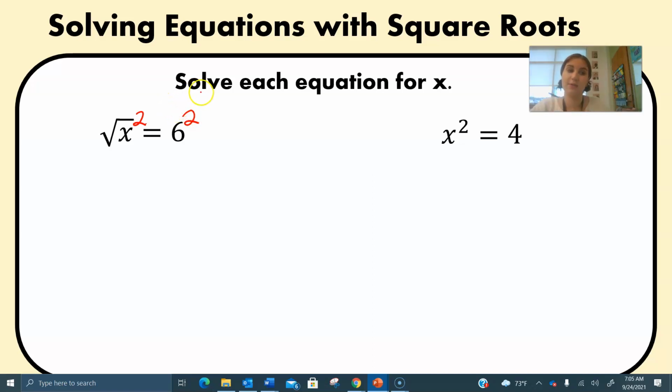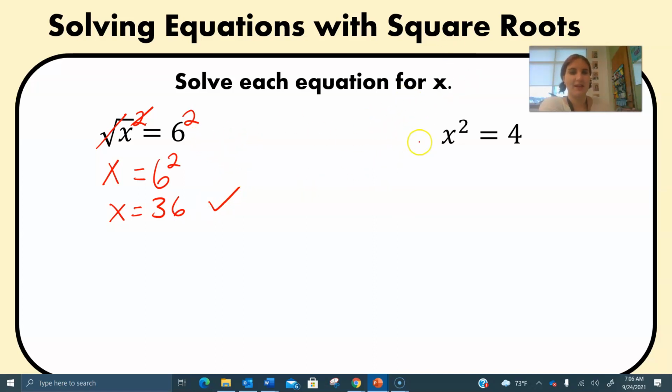Whatever you do to one side, you must do to the other. So the square root of x, squared, equals 6 squared. Now my square root and my squared cancel each other out, and on the left I'm just left with x. On the right, I'm left with 6 squared. So x equals 6 squared. You could leave it like that, or we can keep simplifying and say that 6 squared, or 6 times 6, equals 36.